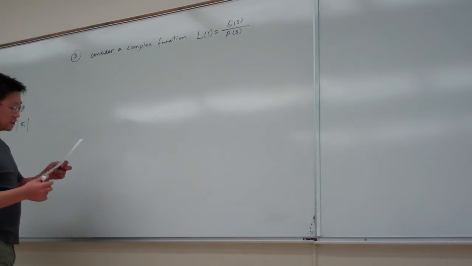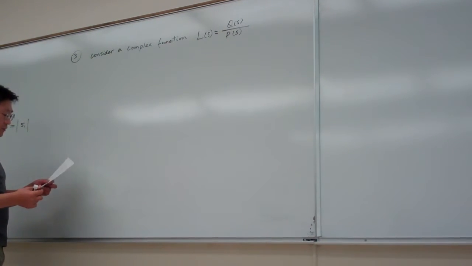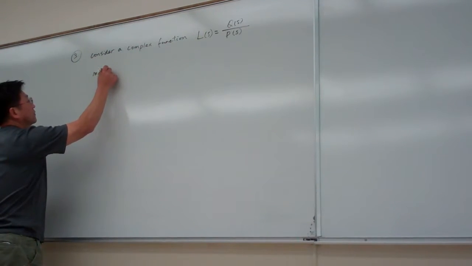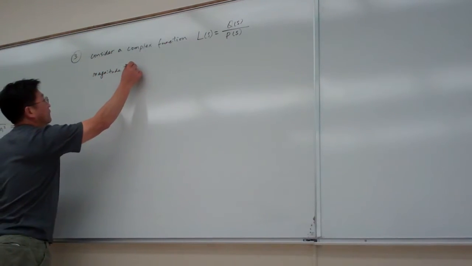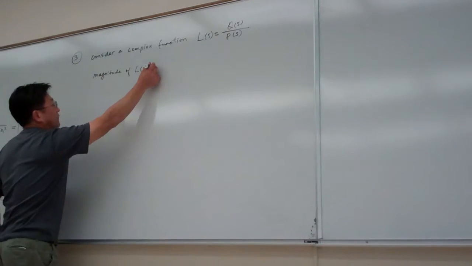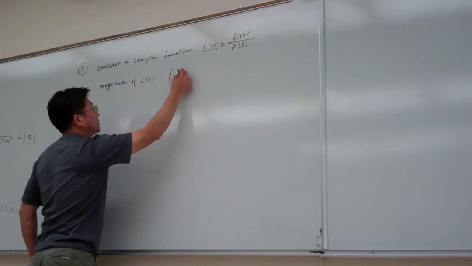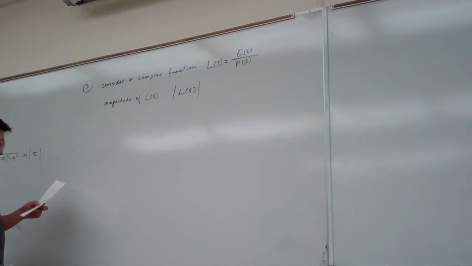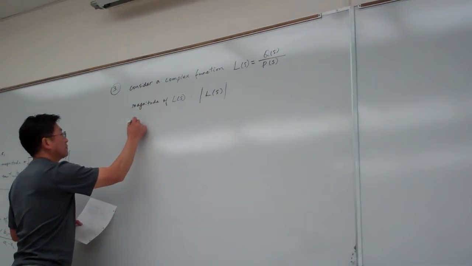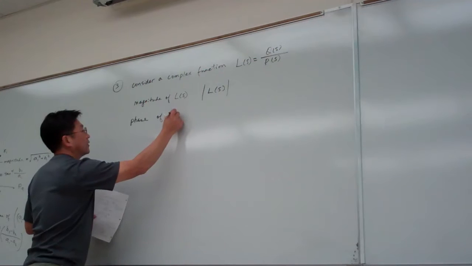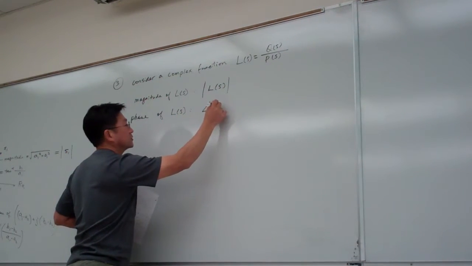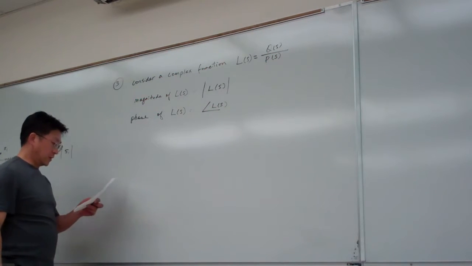So here is a typical definition of the complex polynomial. In this way, here is the magnitude of L(S), by definition using these symbols, and the phase of L(S), again by definition using this symbol.